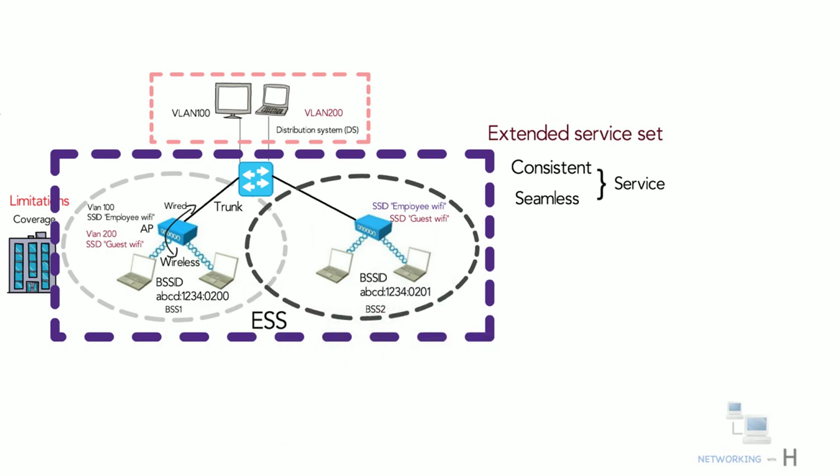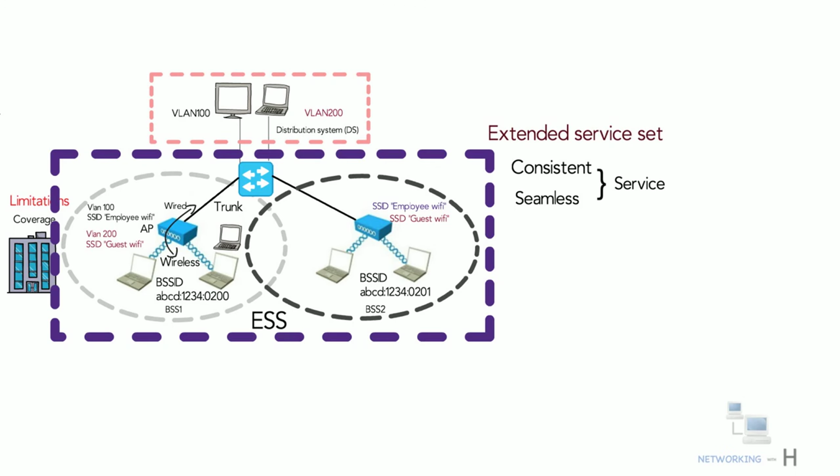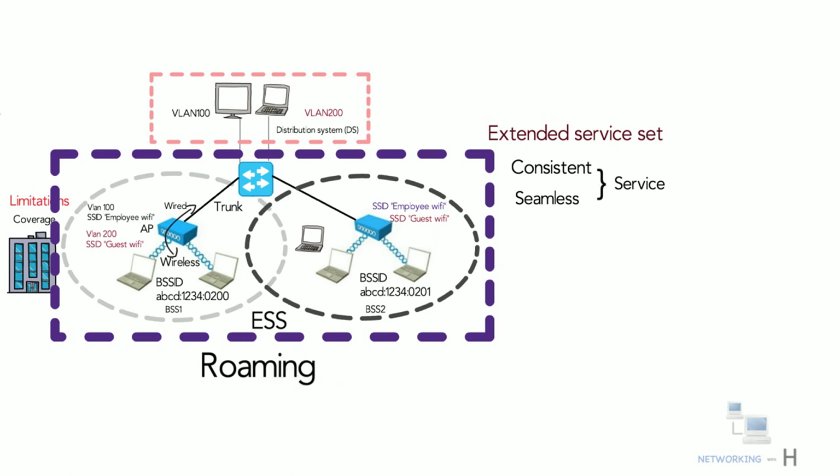In an ESS, a wireless client can associate with one access point while it is physically located near that access point. If the client shifts to a different location, the client can automatically associate with a nearby access point. The wireless client moving from one access point to another, we call this roaming.